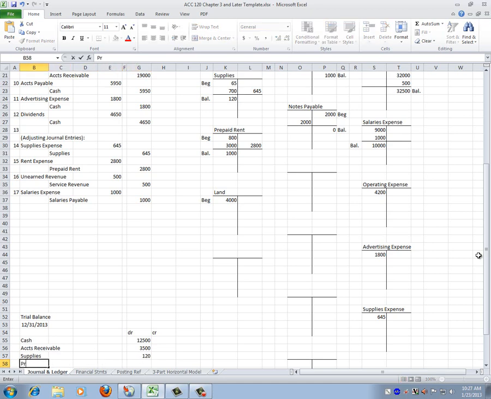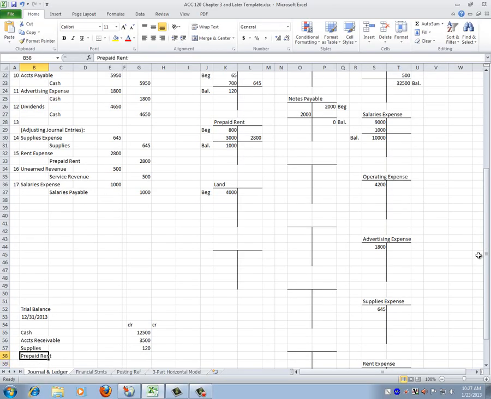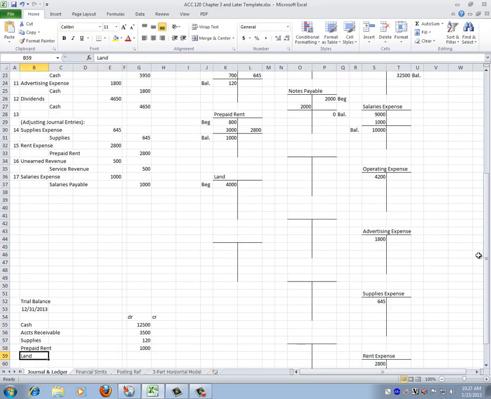This is technically the adjusted trial balance, or you might have work papers that call it the before closing trial balance. A land asset, 4,000, unchanged historical cost on that.